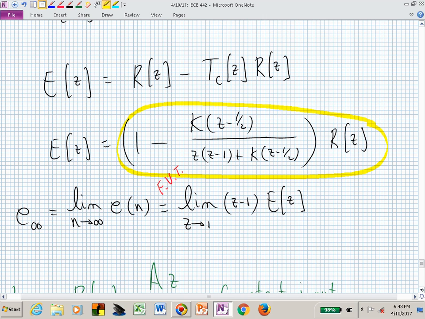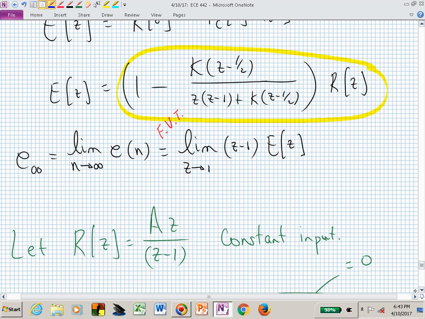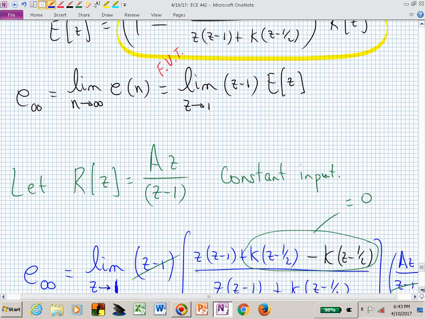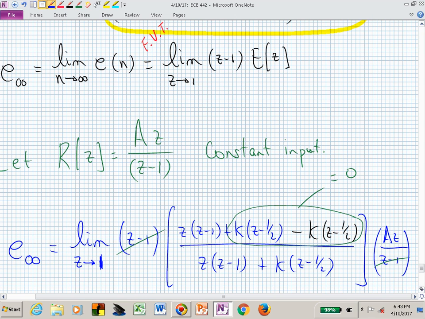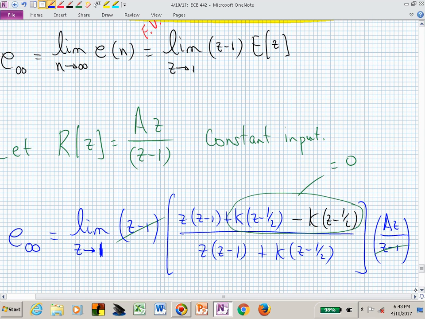What's R of z if r is a constant? What's the z transform of a constant? I'm going to look it up in my table. So you look it up in your table, and you get az over z minus 1. That's the z transform of a constant a. And I can now plug that into my expression for R. Again, not that I need to, but look what falls out.